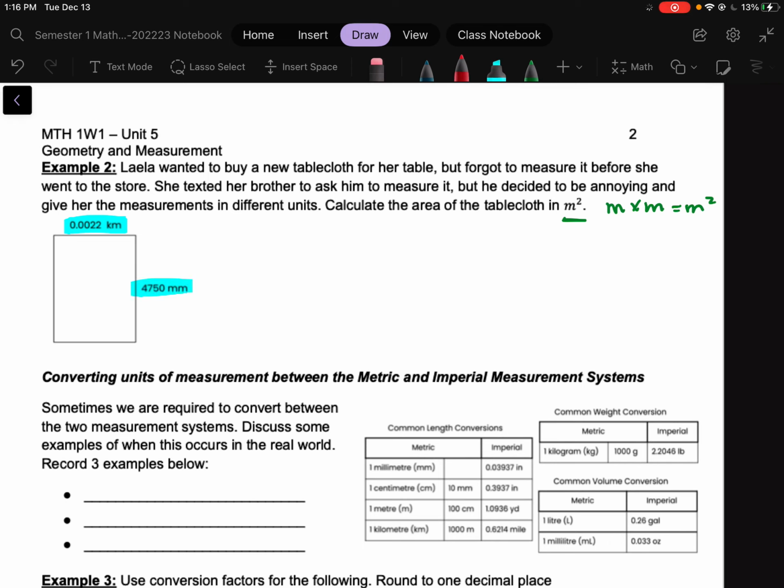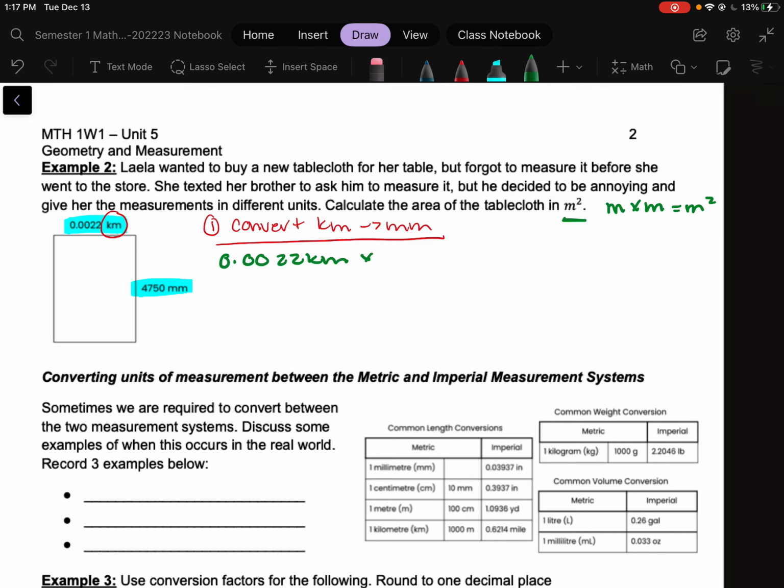And so we have some important units. We have this unit here and we have this unit here. So therefore, we need to make sure that we are using meters. This is in kilometers. So our step 1 is convert kilometers to meters.